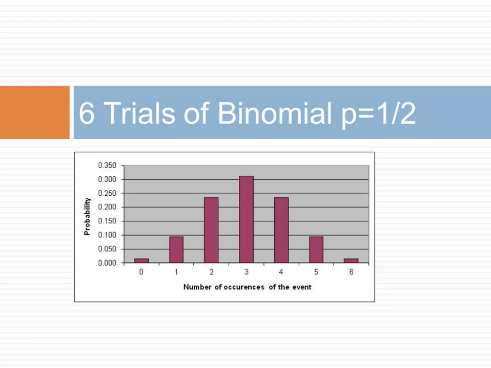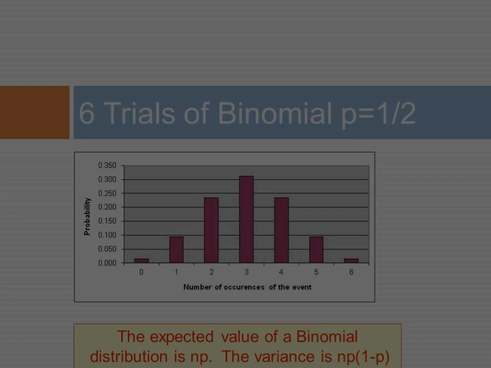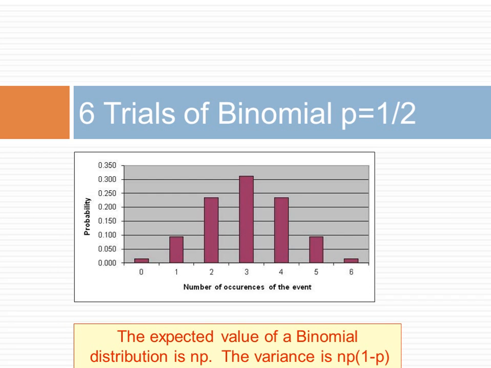The probability density function shows the likely occurrences. The most likely situation is for the event to occur 3 times in 6 days. This is also the expected value and can be obtained by multiplying the number of trials by the probability of occurrence of the Bernoulli event.